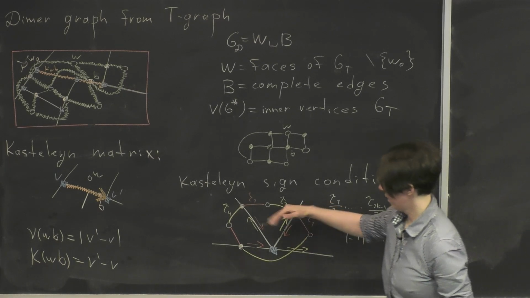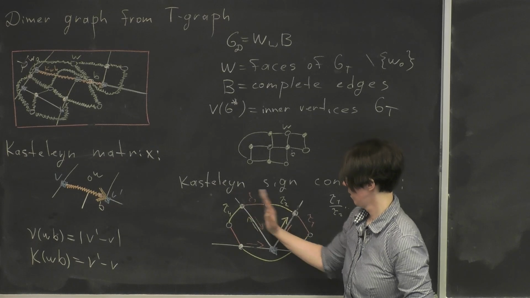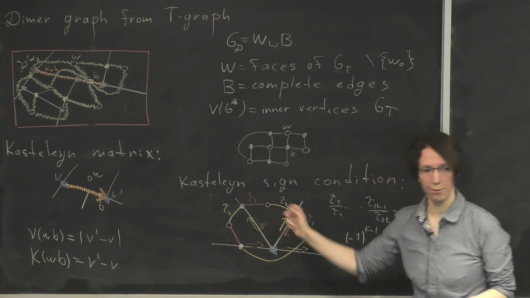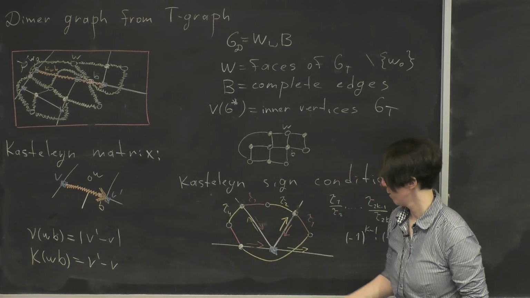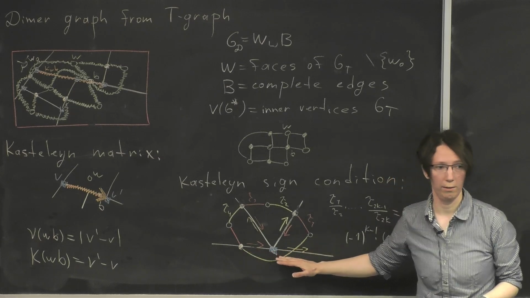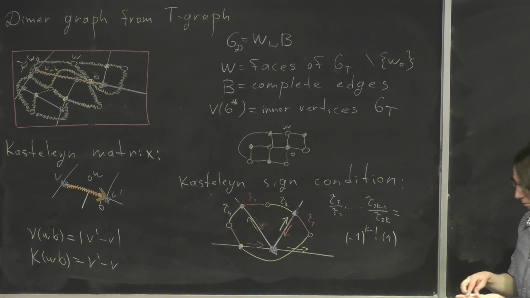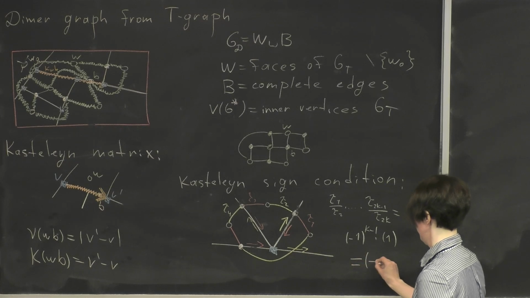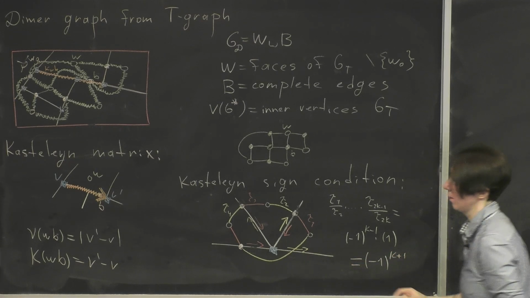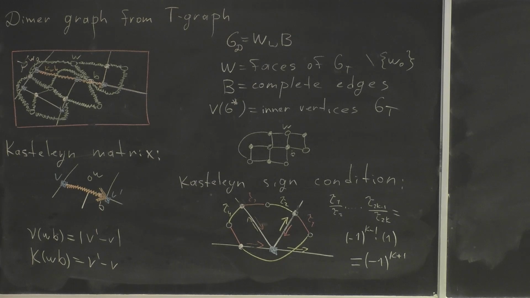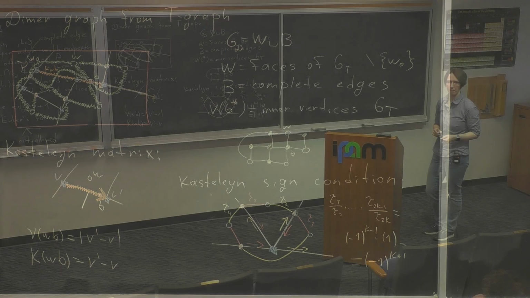Where k minus 1 counts all but one of the black vertices of this face, right? There are k minus 1 of them, and the last one gives 1. Okay, this is indeed -1 to the k plus 1, which I use as a definition of the Kasteleyn sign. Okay?